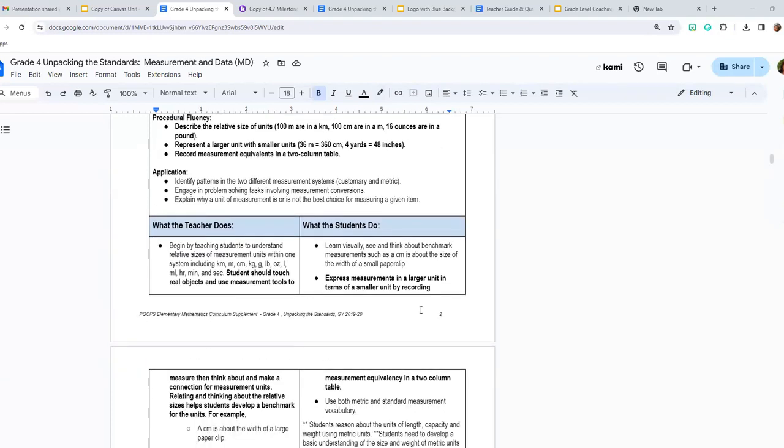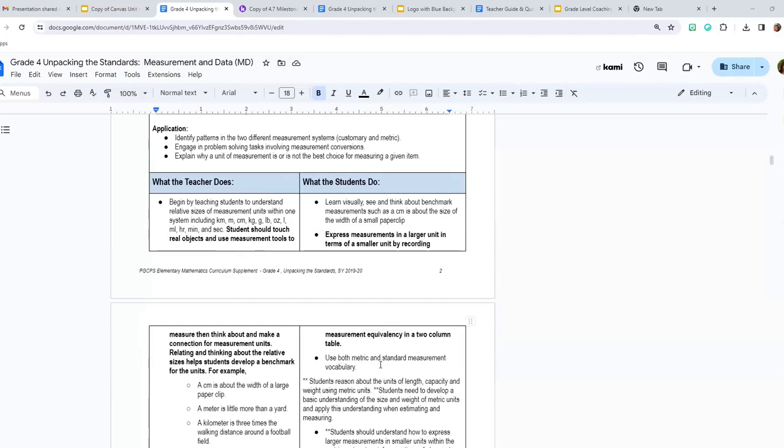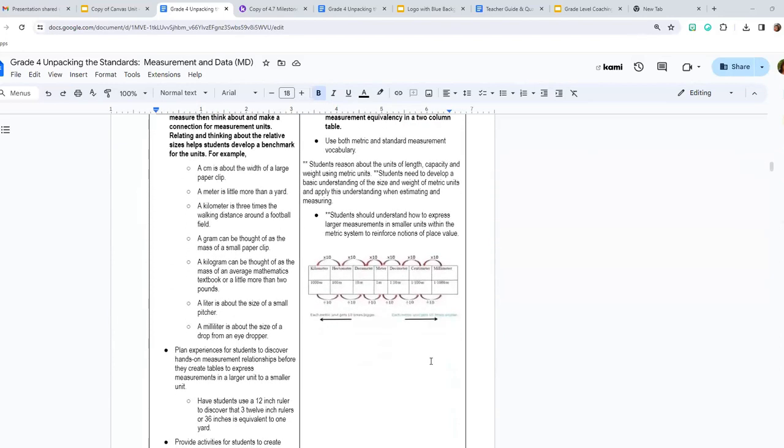So the width, not the length. Think about that. Express measurements in a larger unit in terms of a smaller unit by recording measurement equivalency in a two-column table. So they use both metric and standard measurement vocabulary.